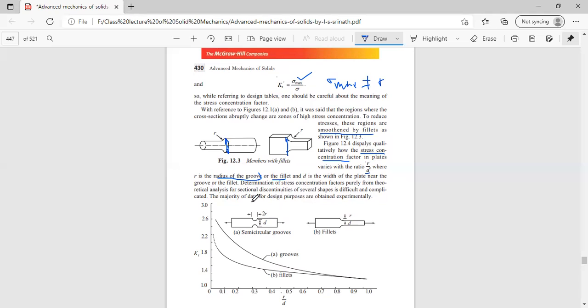The data are obtained experimentally over different values of R by D, the ratio between the radius of the fillet and the width of the plate itself. We plot different values of R by D, from 0.1 up to 1, along the axis, and we get the values of stress concentration on the ordinate, such as 1.0, 1.2, 1.4, 2.2, 2.6, etc.